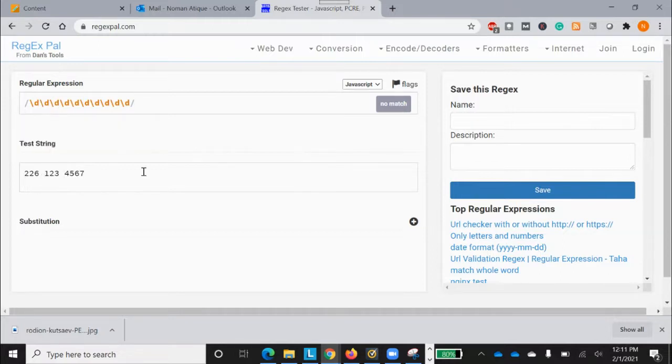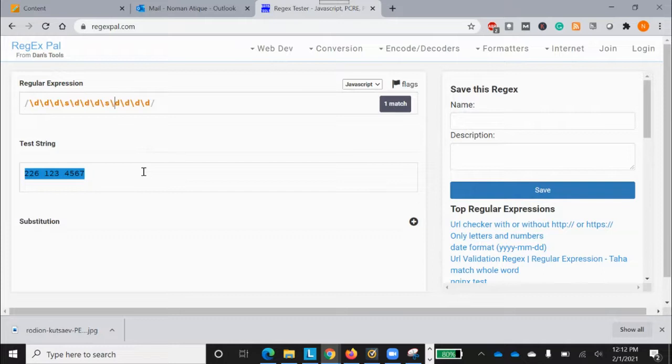So after 3 digits, there is a special character for space, \s. After 3 digits, I want to give a space. After 3 digits again, I want to give a space. Everyone recognizing what I'm saying?